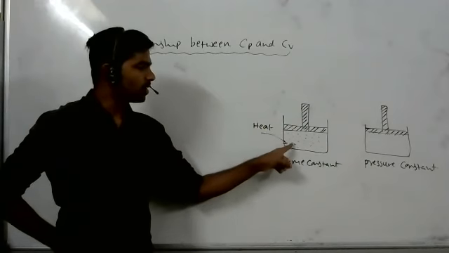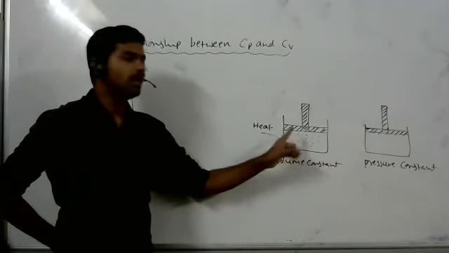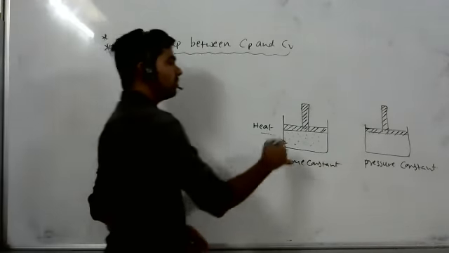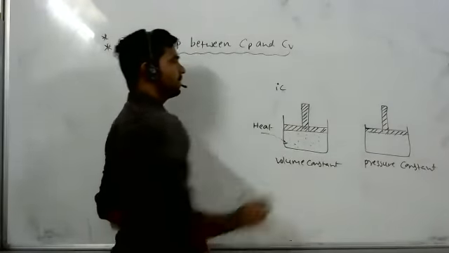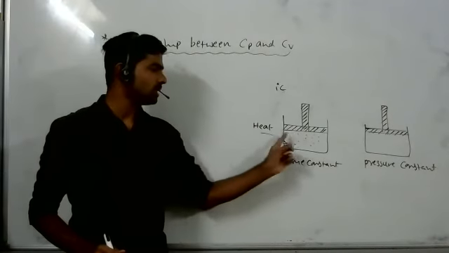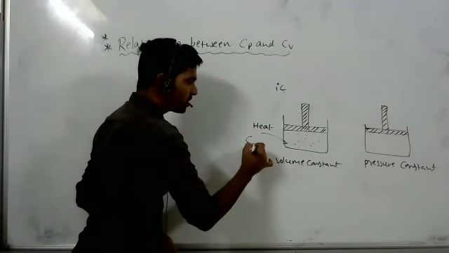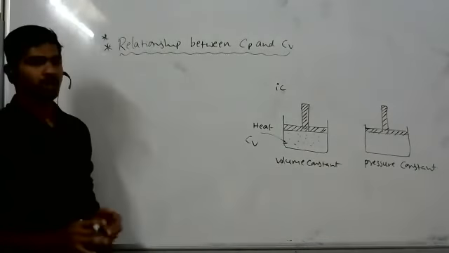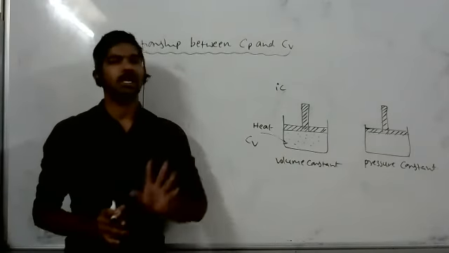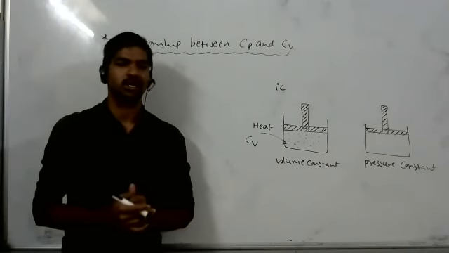At the same time, the temperature also increases. To increase the temperature of the system by 1 degree centigrade, we are supplying some amount of heat. This is Cv, since we are keeping volume constant. That supplied heat is only useful to increase the internal energy and the temperature by 1 degree centigrade.